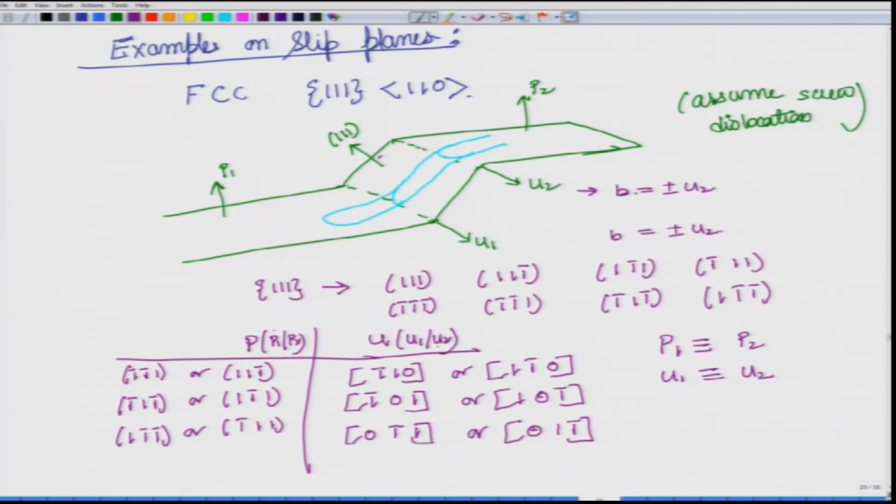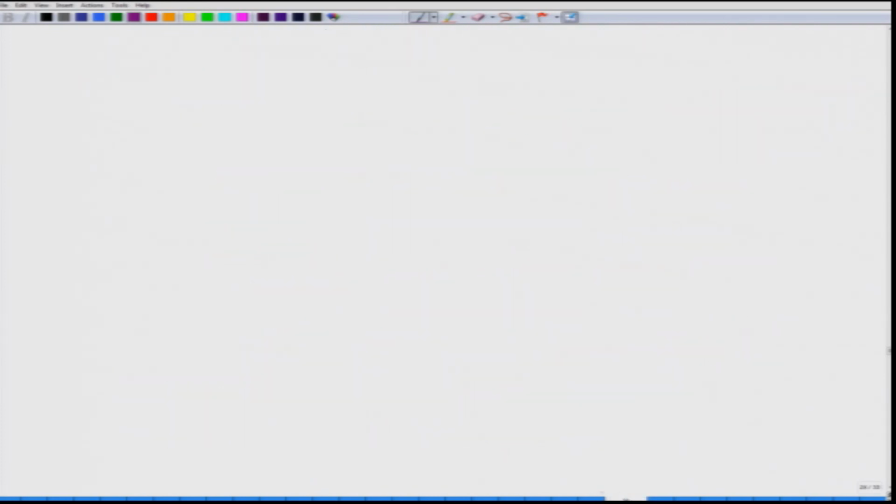Hence, we are now in a position to describe two different planes and two different directions. So, now we have looked at several examples, and it is time that we come back to a little bit more understanding about dislocations and slips.